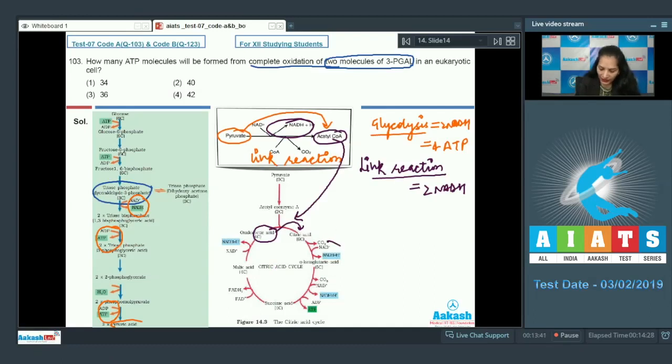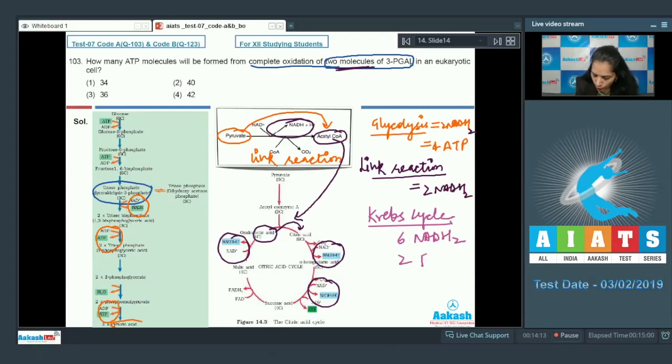So in the Krebs cycle, there is production of 3 NADH molecules in one cycle, but here it is asked from 2 molecules of 3-PGAL. Hence, it will be twice. So see the calculations of Krebs cycle too. In Krebs cycle, you will find 6 NADH2, 2 FADH2, and 2 GTP molecules.